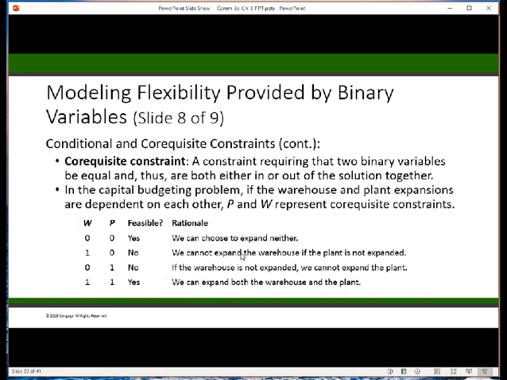So this is how we would set up some binary variables, and then we would multiply, again, these binary variables by the objective function coefficients, and that would enforce the various constraints.